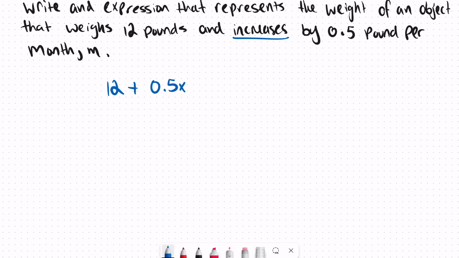So we're going to multiply the months, or m, as it states in the problem here. So our final expression will be 12 plus 0.5m. That is that the initial weight is 12 pounds and increases by 0.5 pound per month.